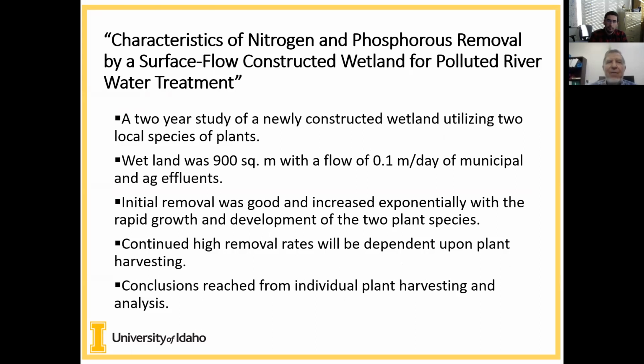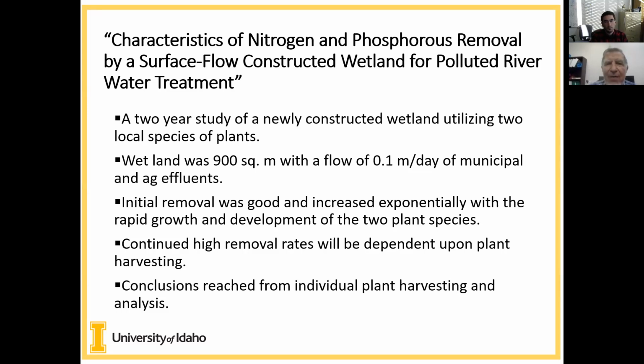The next RPA we look at is characteristics of nitrogen and phosphorus removal by a surface flow constructed wetland for polluted river water treatment. This was a 2-year study of a newly constructed wetland utilizing 2 local species of plants. In this case, it was a reed and a cattail.